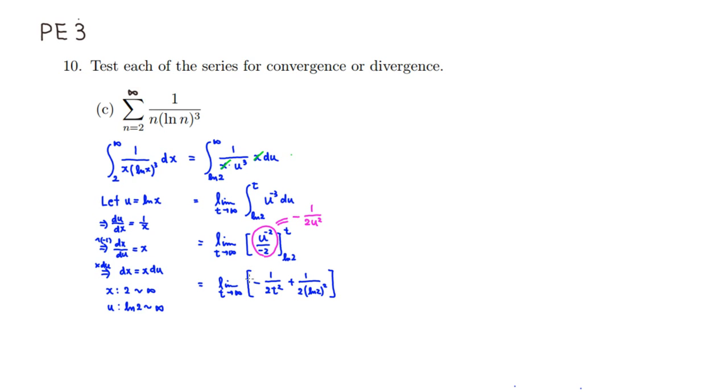As t approaches infinity, we know that the first term approaches 0, so it goes away, and you are left with the second constant, which is 1 over 2 times natural log of 2 squared. We don't really care what kind of number that is, but we get a finite number, which means that this corresponding improper integral converges.